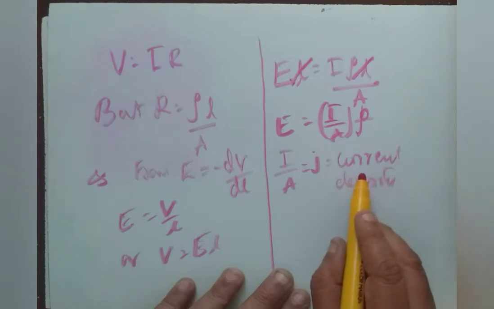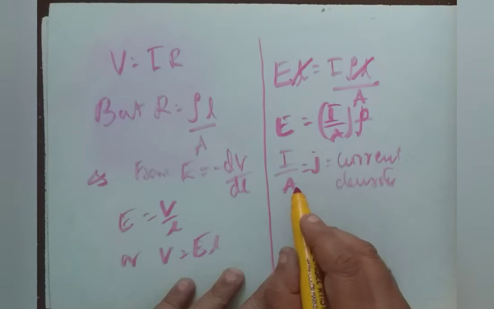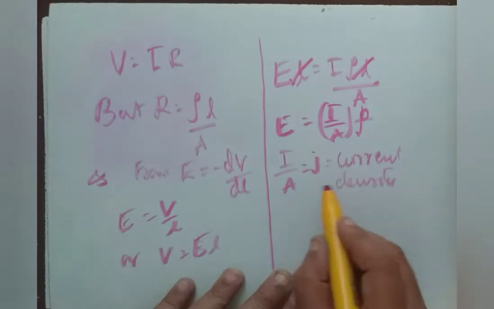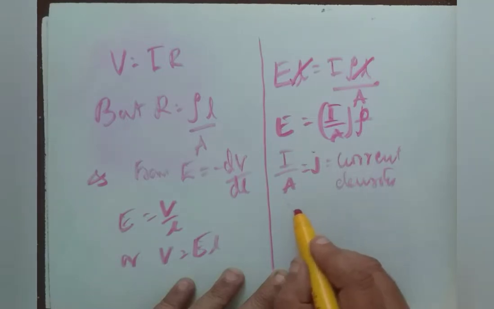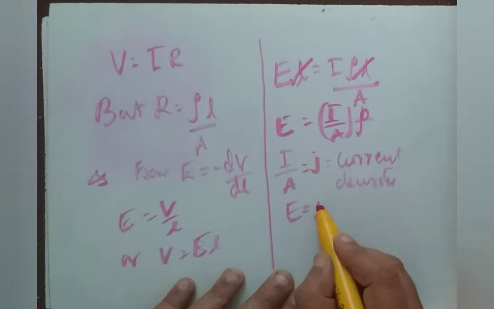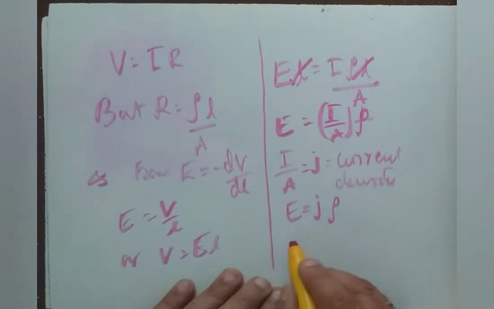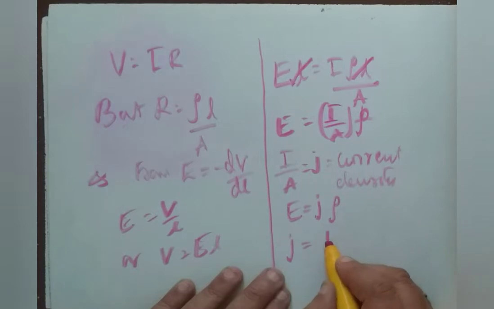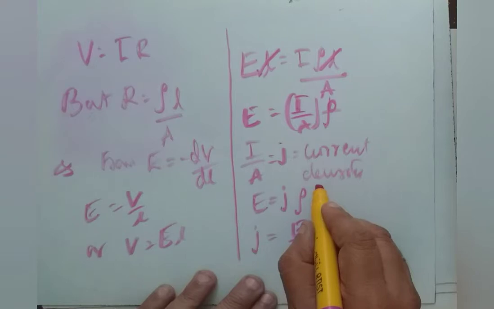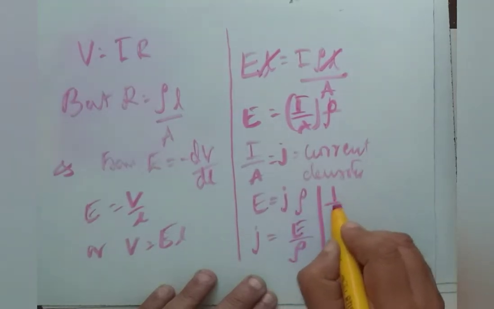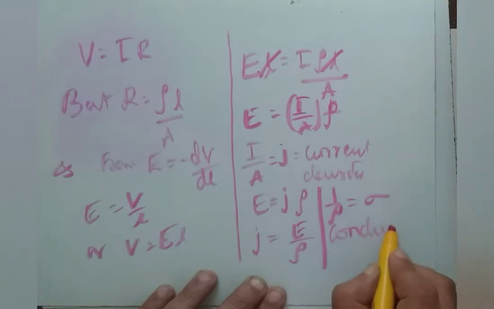Now we can replace it. Before that, we write it like this: E equals J rho. But I take rho to the other side and write J equals E by rho. And 1 by rho we write as sigma, which is called conductivity.